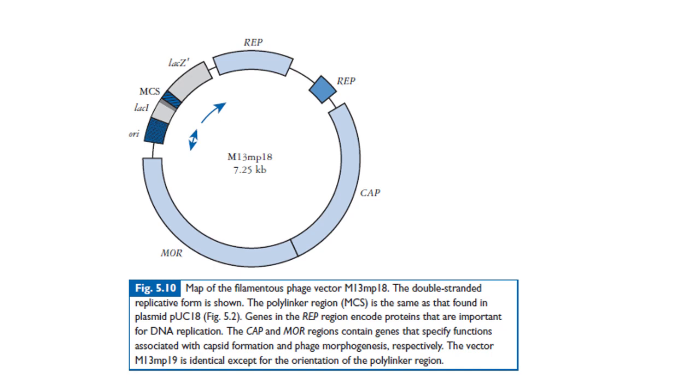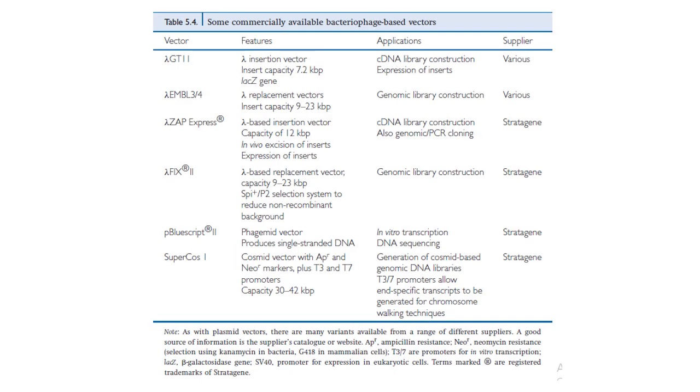There are sequences called CAP and MOR regions containing genes that specify functions associated with capsid formation and phage morphogenesis respectively. The vector M13 is identical except for the original orientation of the polylinker region. There are M13 based vectors which can be used for purposes like DNA sequencing and all.